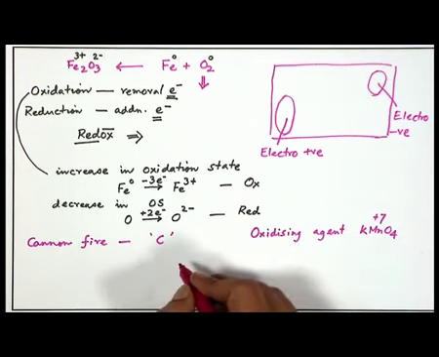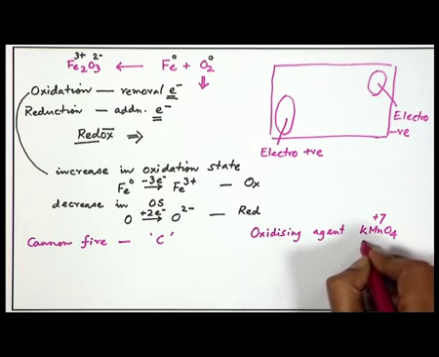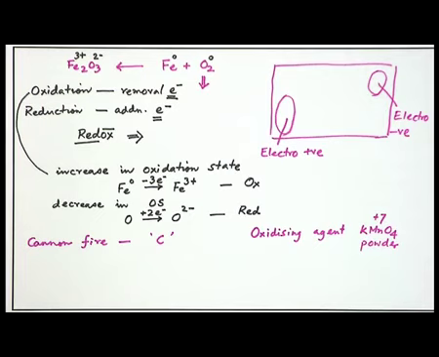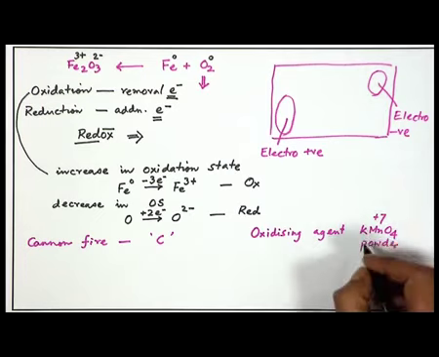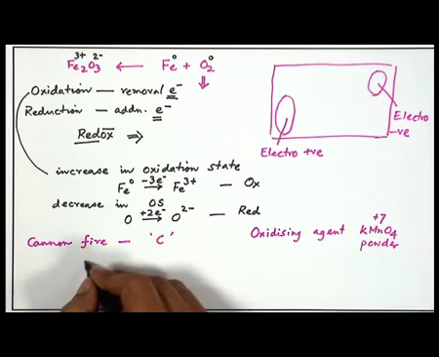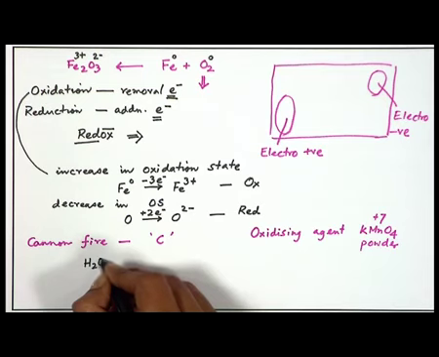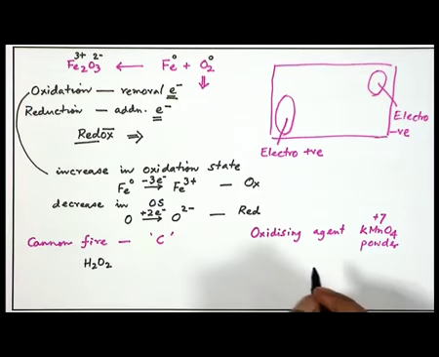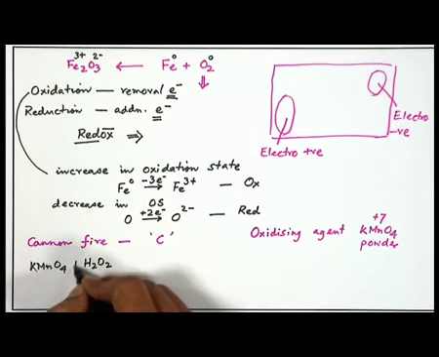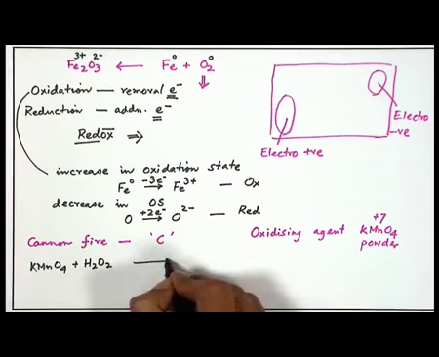This particular reaction is nothing but if we take KMnO4 powder and sprinkle that powder on a burning mixture of H2O2, which is hydrogen peroxide. The reaction is what we are thinking of in a different way for a typical fire.